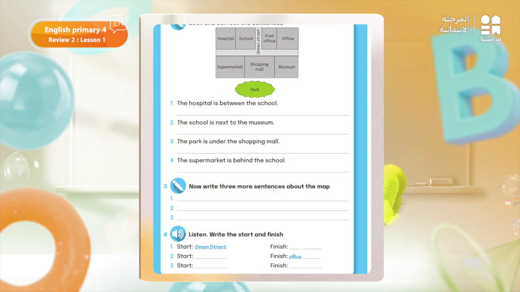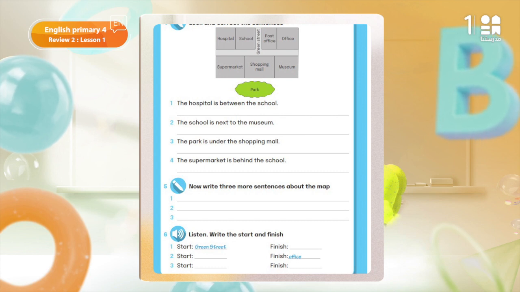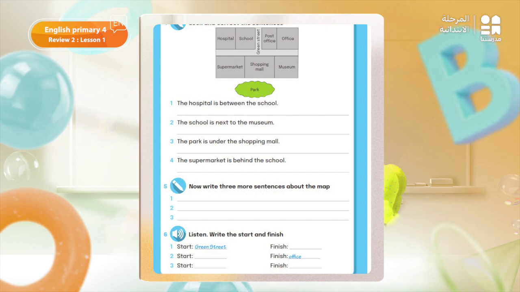Review 2, Lesson 1, page 131. Exercise 6. Listen. Write the start and finish. 1. Go straight ahead. Keep going. Go past the post office.